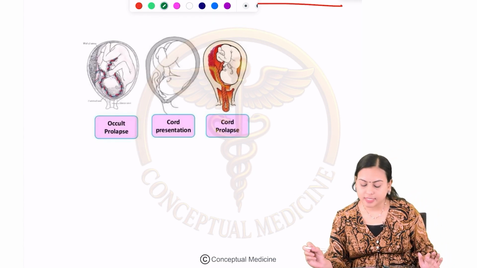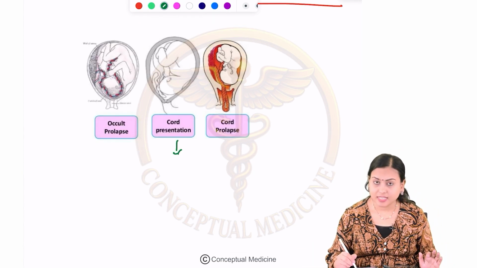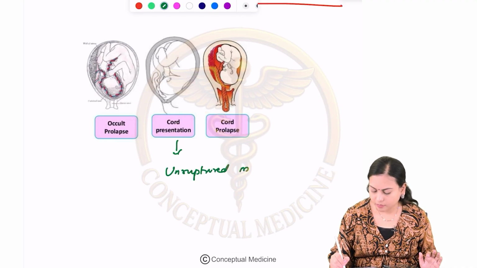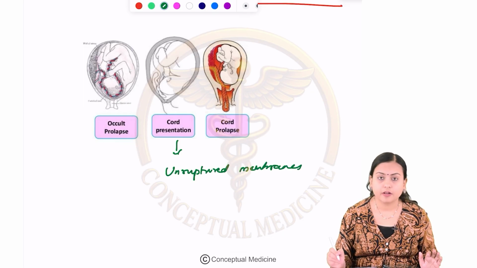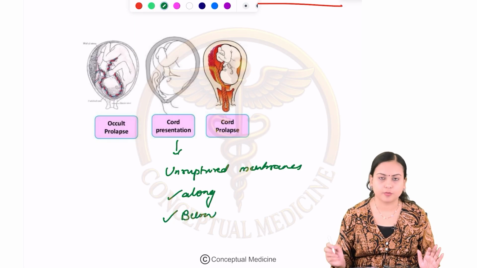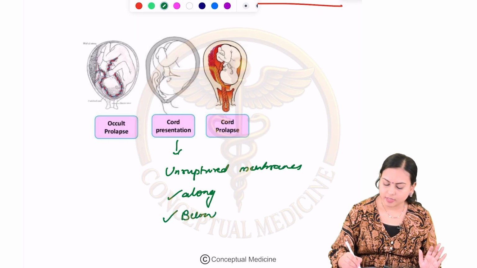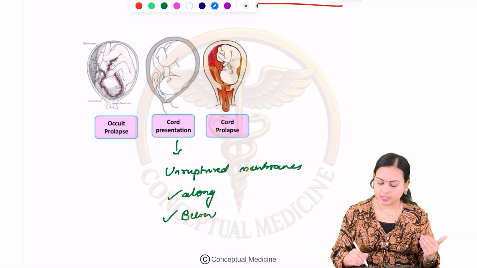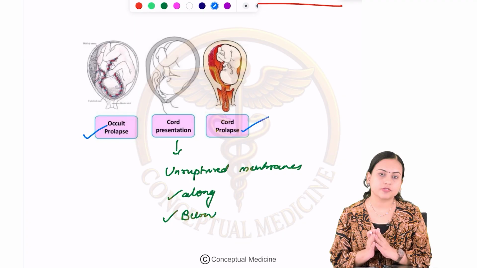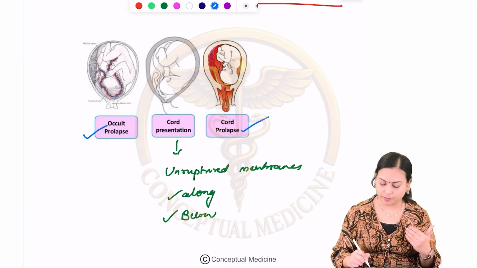See, umbilical cord presentation is the one which is mostly seen before the rupturing of membranes, or with unruptured membranes. Okay. Here the cord can be seen along the presenting part or below the presenting part, both are possible. Whereas umbilical cord prolapse, whether it can be an occult prolapse or complete cord prolapse, is going to present after the rupture of membranes.